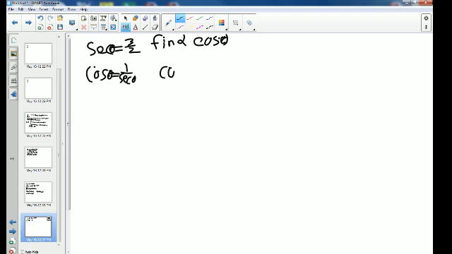So cosine theta equals 1 over 3/2, since secant equals 3/2. And if you do the math, it equals 2/3. So cosine theta equals 2/3.